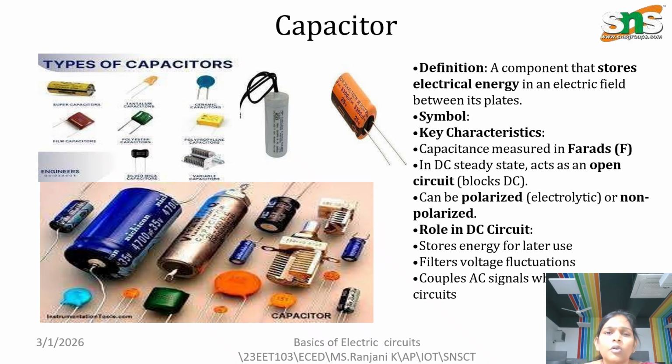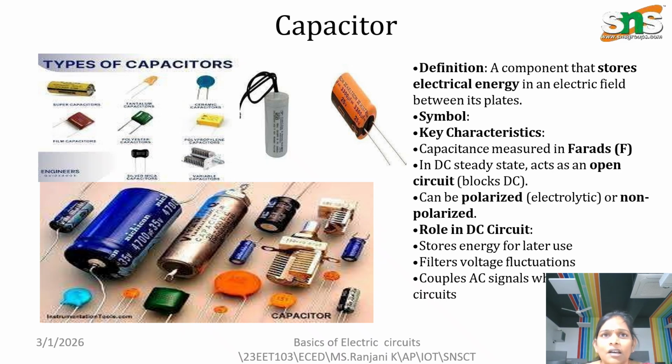Its role in DC circuits is to store energy, smooth and filter voltage, and block DC while allowing AC. Examples are camera flashes, power supply filters and timing circuits.